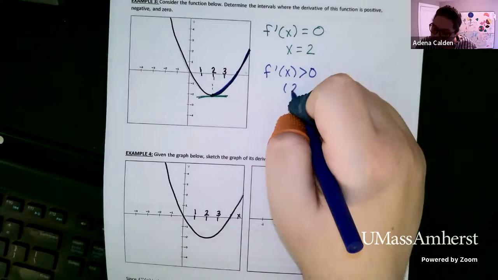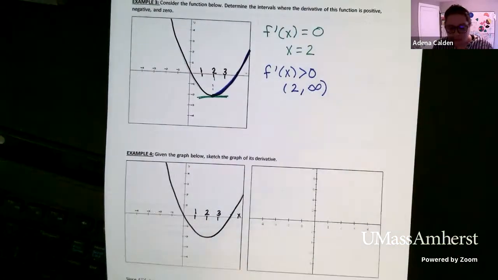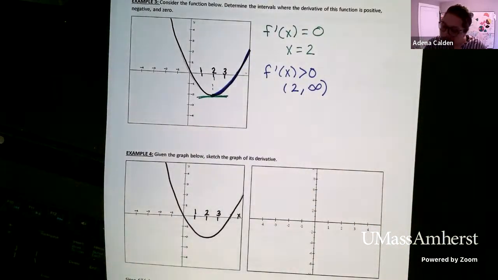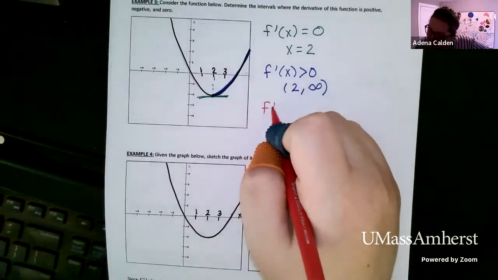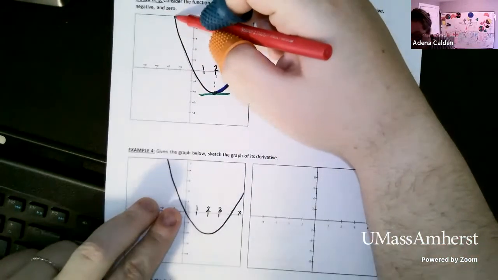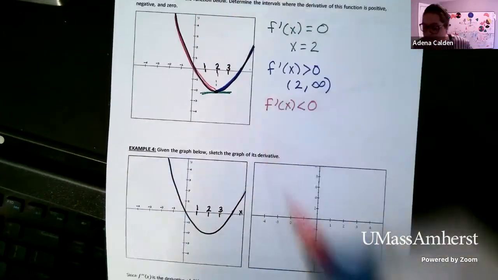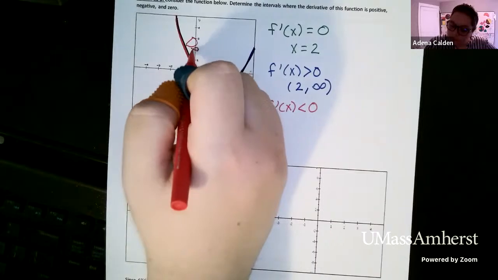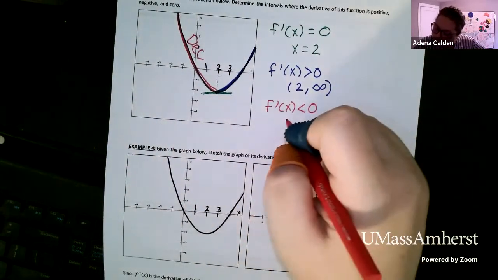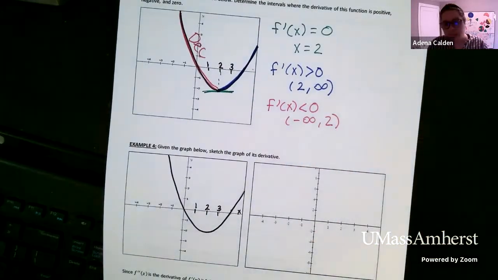So with interval notation, we can say from 2 to infinity, we are increasing, and therefore the derivative will be positive. And then the derivative will be negative whenever this function is decreasing, which is happening to the left of 2. Okay, so we're decreasing, and so that's going to happen from negative infinity to 2.